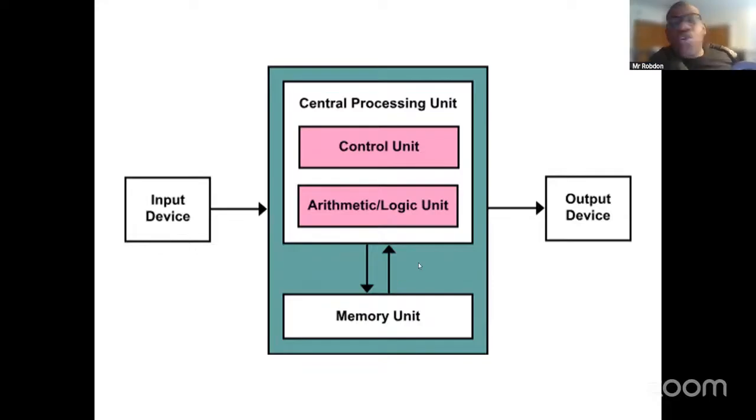All of this happens so quickly, right? So this is how your CPU functions. Again, your CPU is the brain of the computer. It is what is needed to get the computer to fetch and execute instruction.